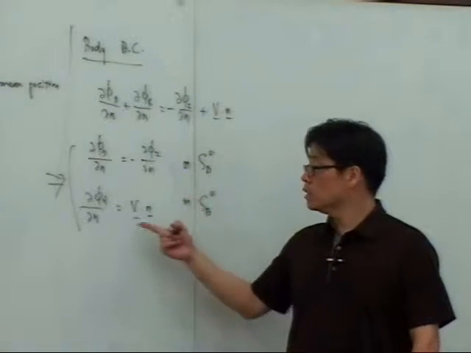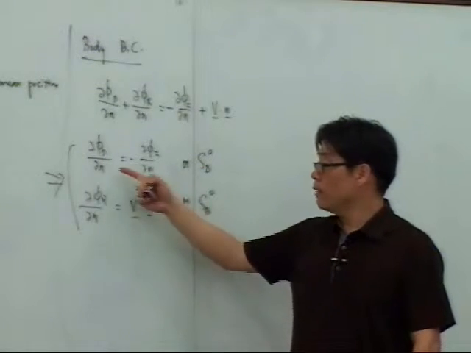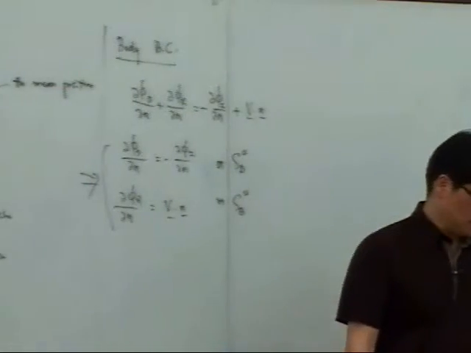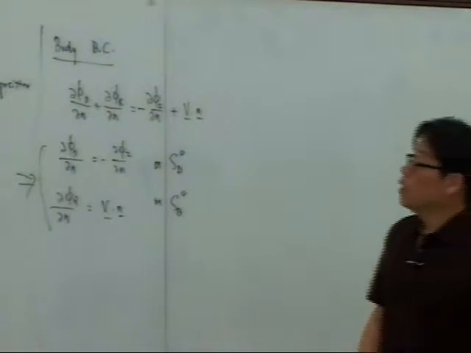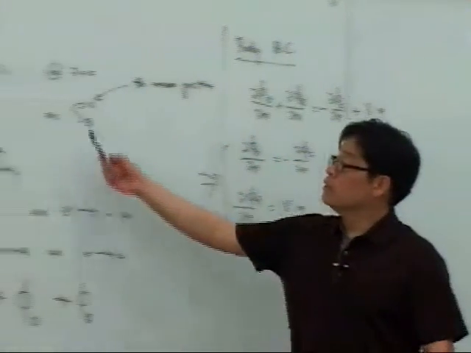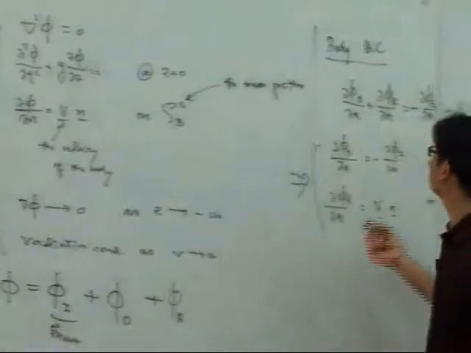Since we separately impose boundary conditions for phi d and phi r, we decompose the total velocity potential in this way. But both phi d and phi r will satisfy this, this, and this. Okay?